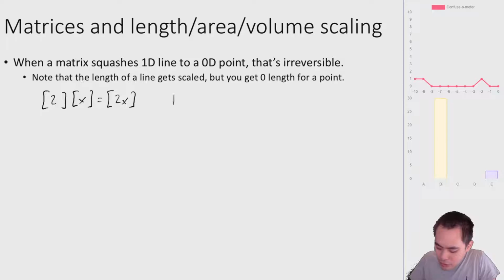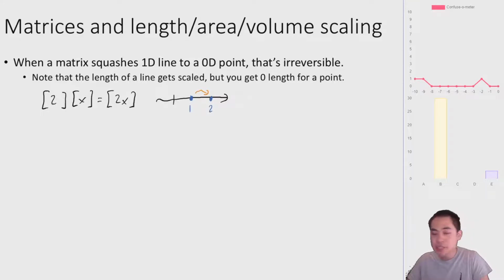If you start with a point on the line, say a point here which has value 1, that's going to go to a point here, which has value 2. And now this is reversible, right?